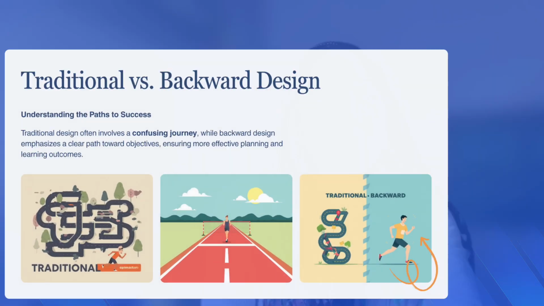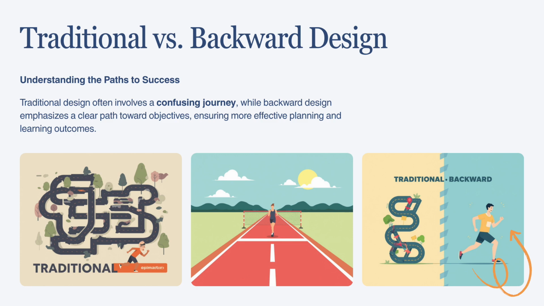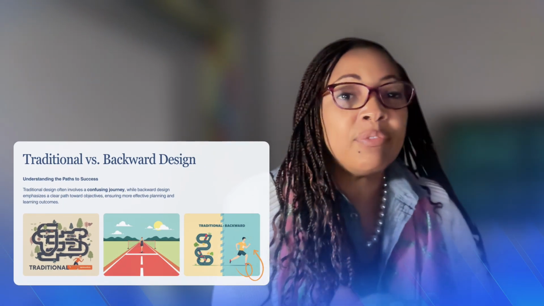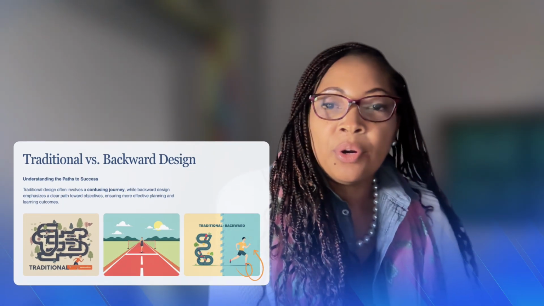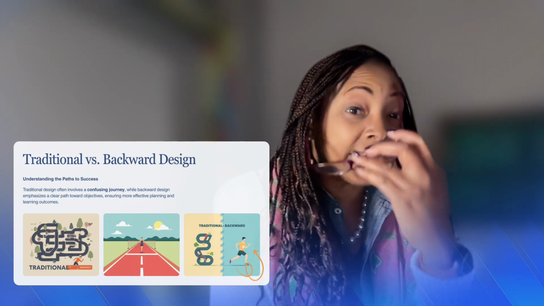Now, when we think about traditional versus backward design, we know traditional, yes, we have learning objectives that we want students to achieve, but it can be very confusing, right? Especially because there can be so many spaghetti loops, right? It can feel more like a maze as opposed to a direct path to that finish line. So that's what I want you to think about. When we're looking at a traditional model, is it a direct path? Have we done strong alignment? Or is it a little bit of a guessing game?